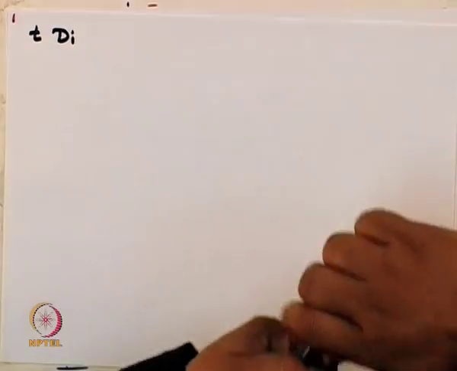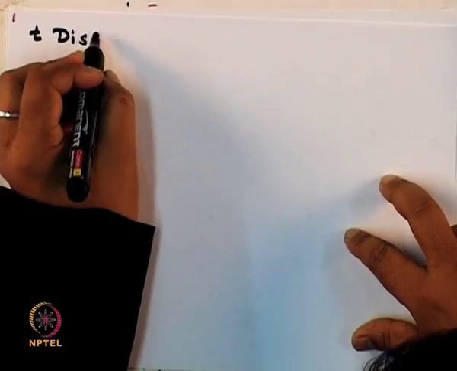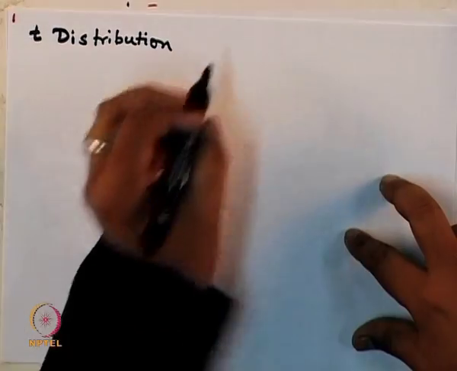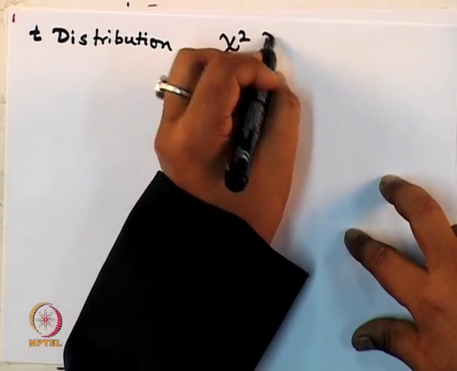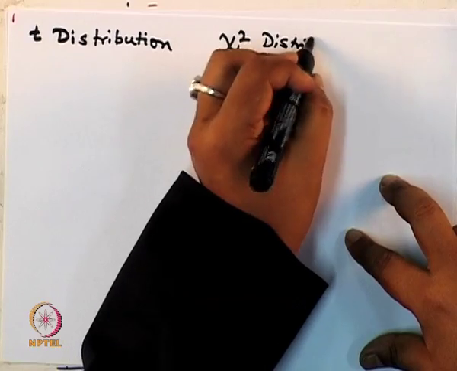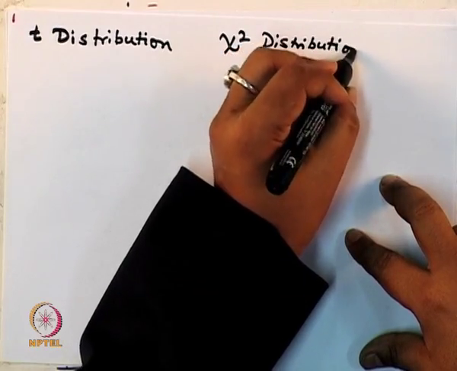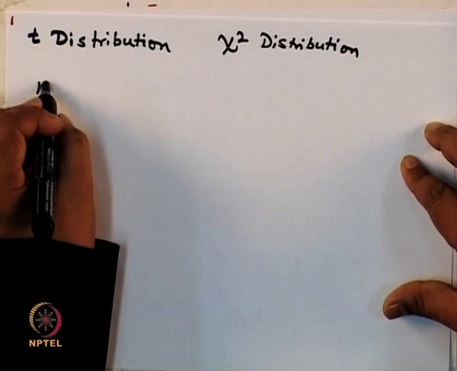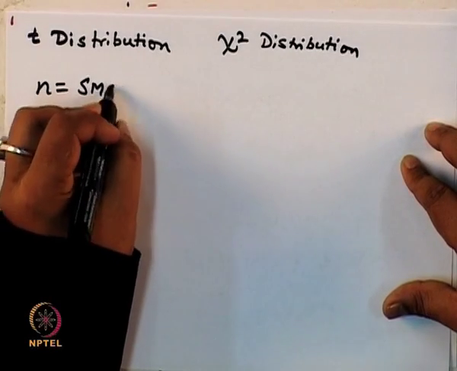So, in the last two lectures we had briefly discussed two distributions, the t distribution and the chi-square distribution. The t-test is used when n is small.